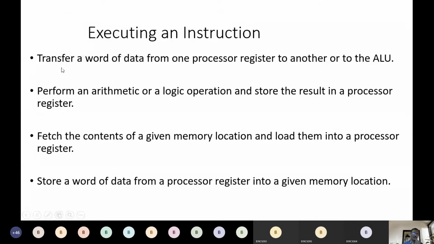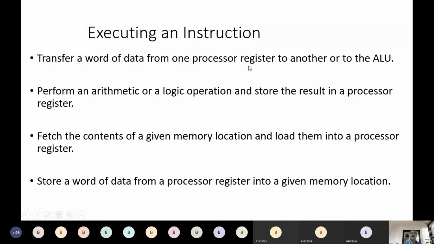as a part of those components, we go through these topics, these steps, each step. These are all the steps which show how, as a part of execution of an instruction, first, a transfer of a word of data from one processor register to another processor register.